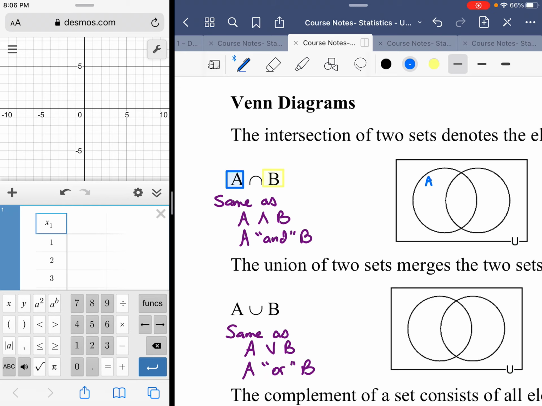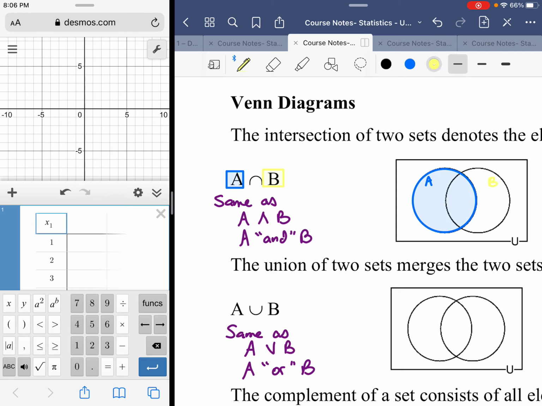All right. So we have set A, which would be the values inside one of the circles. So I'll call that circle A. And then set B. I know it's barely visible, I apologize, but let's just bear with me for a minute. So everything inside of A is part of that set.